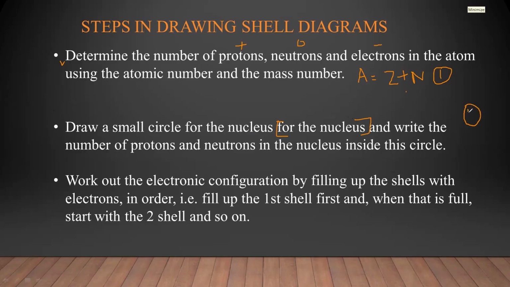You have N and P. So after you work that out, using the mass number and the atomic number of the symbol that you're seeing on the periodic table of a particular element, you're going to go ahead and determine the protons and neutrons using the same formula above.